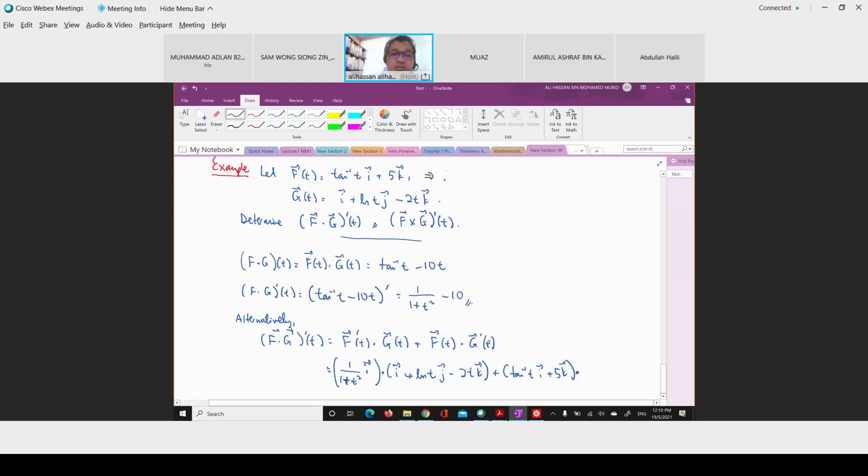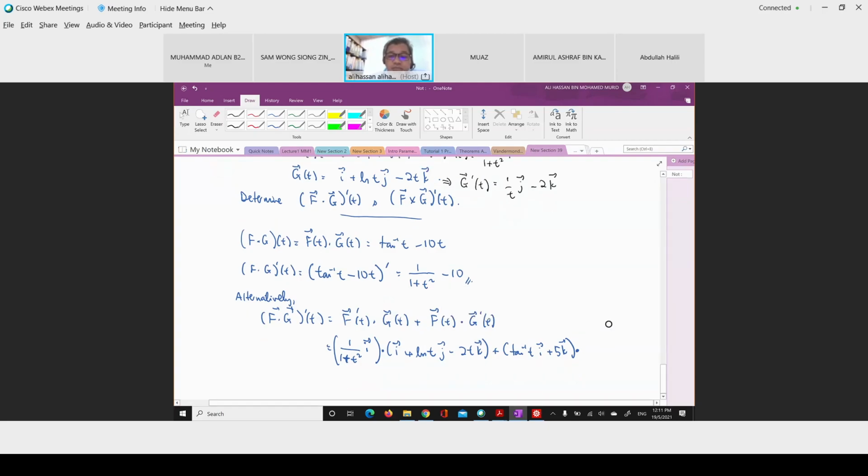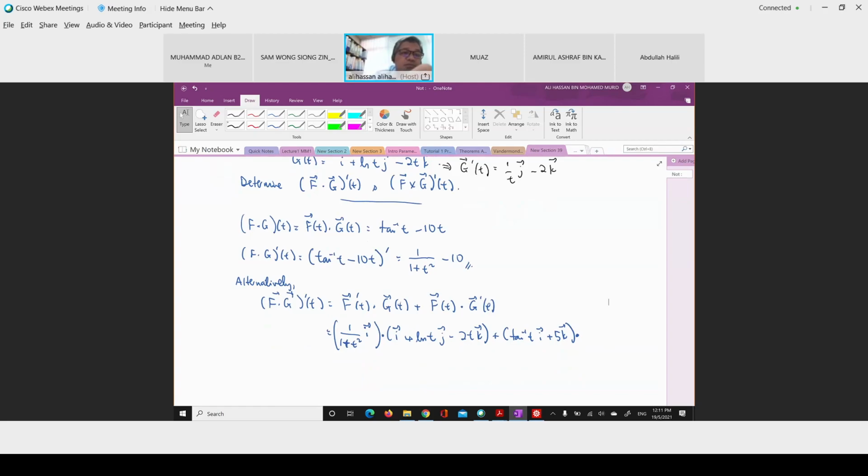F prime of t is 1 over 1 plus t squared i only. For G prime of t, we differentiate component by component, so G prime of t is 1 over t j minus 2k.